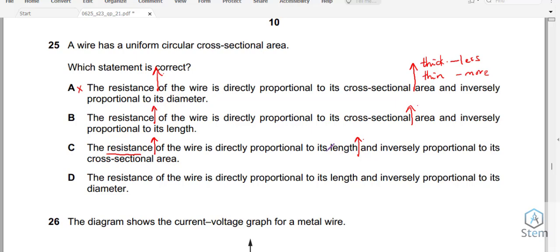Let's look at the second option. Resistance is inversely proportional to the cross-sectional area. That is true. When cross-sectional area goes up, resistance goes down. And that is the meaning of inverse proportionality. They go in opposite directions. So our answer here will be C.